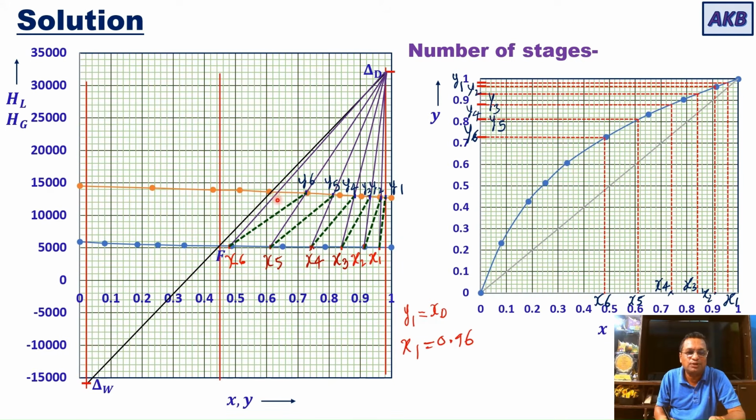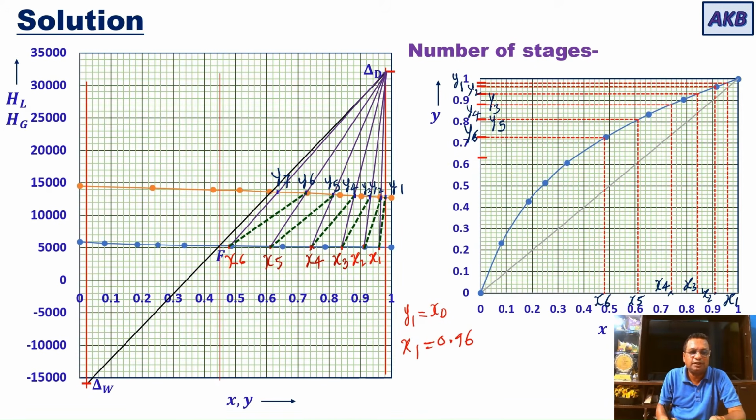We are going to read the value of Y, and I'm going to call it Y7, and it is 0.63. You can check. So I'll call this point Y7.